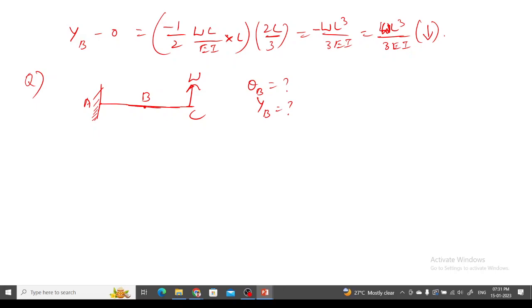So this can be solved by any other method. Can anyone think of a method by which we can actually solve this? What is the value of theta B and YB?